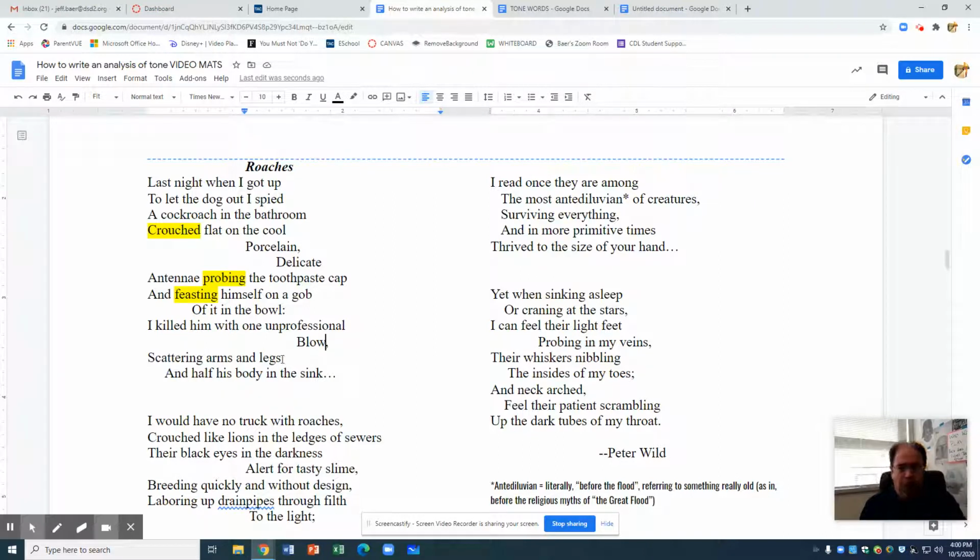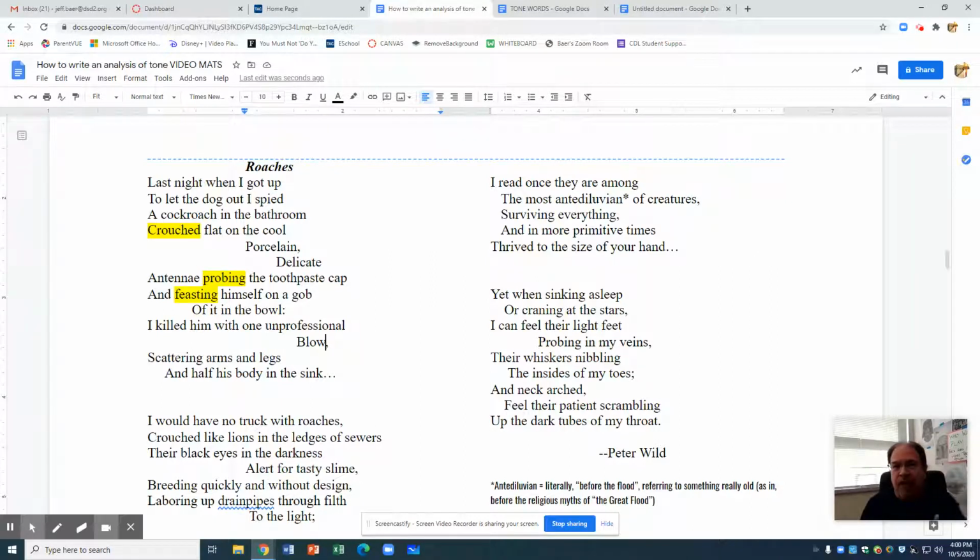So when we hear that the cockroach is crouched and that the antennae are probing and that he's feasting on this gob of toothpaste, those are all things that are not meant for us to go, oh, how pleasant. That's like, ew, that's nasty. So those three words all close together could actually serve as one example.